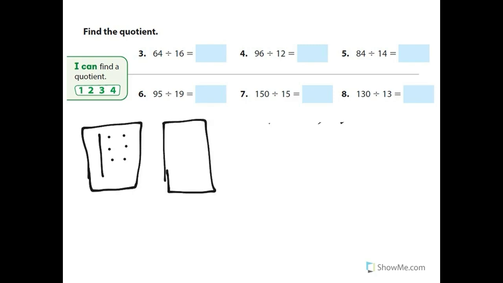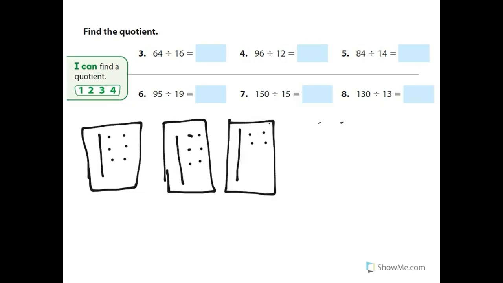Well, I got 16, 26, because I put a 10, 27, 28, 29, 30, 31, 32. And then 42, 43, 44, 45, 46, 47, 48. Then we got 58, 59, 60, 61, 62, 63, 64. So how many groups we got? We got 4 groups.